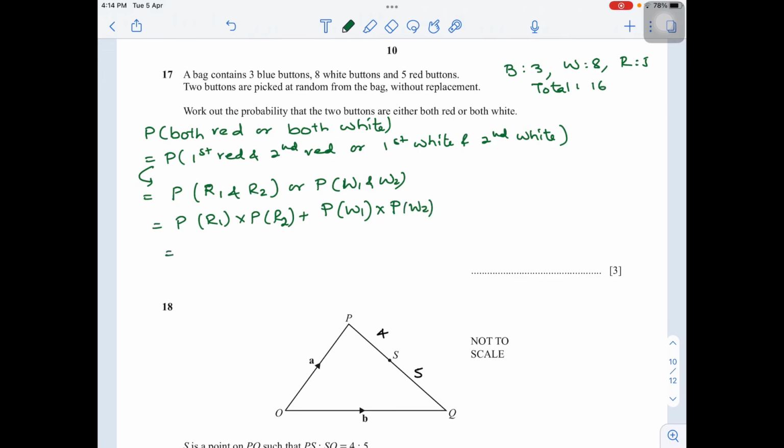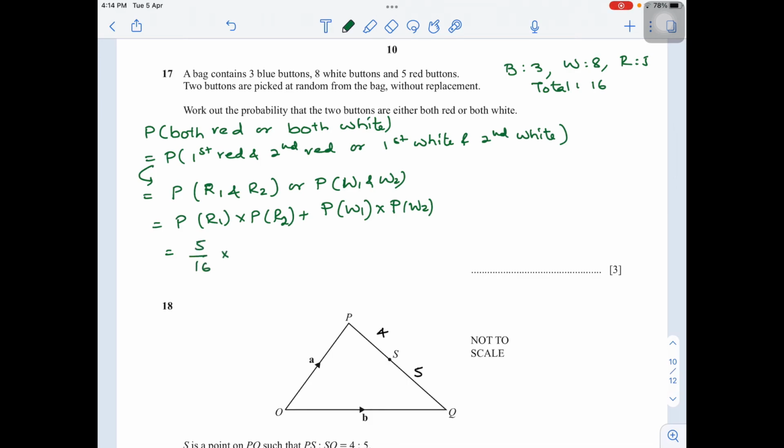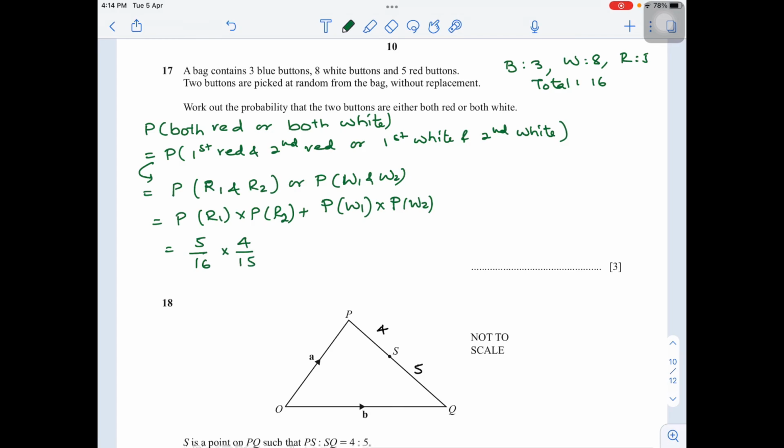Probability of R1, 5 out of 16. Second one is red. So out of 5, 1 is gone, 4 remain, right? It's without replacement. 1 is already out. So total also has decreased by 1, because one red button which went out has decreased the total number by 1. So over 15, or means plus.